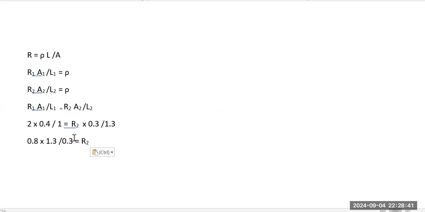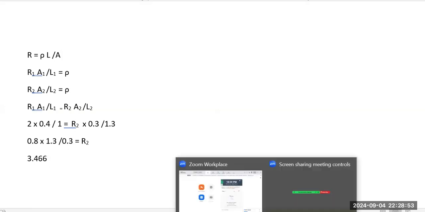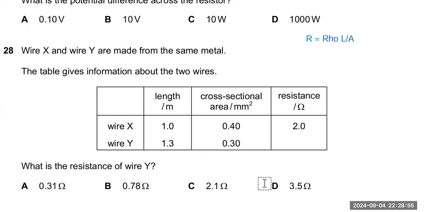So your answer will be 3.466 ohm. But you have to check the options. Yes, option D will be correct, since rounding off 3.46 gives 3.5. So you have to remember all the scenarios, how you can easily make a formula according to your demand.